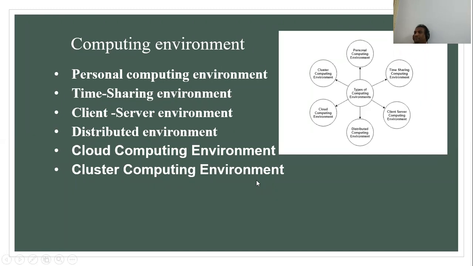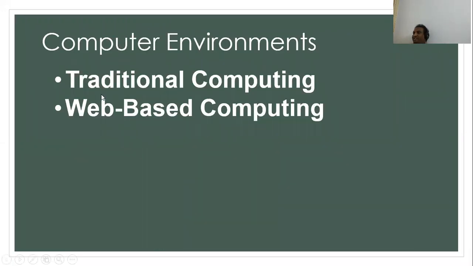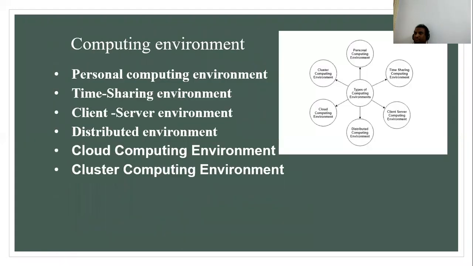If you take the previous slide, what we have seen there is computer environment categories: basically two, traditional computing and web-based computing. But later, this is a classification of the computer environment, where we'll be having so many things.